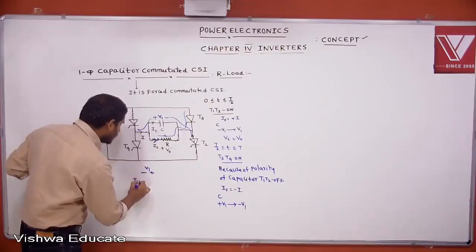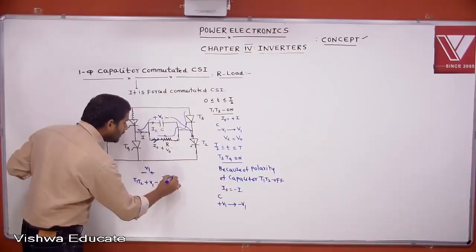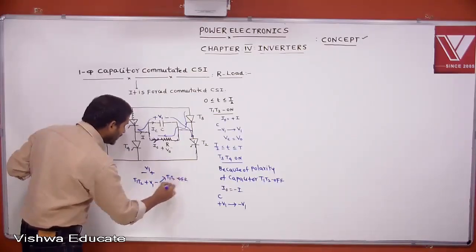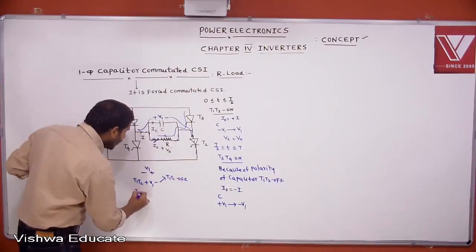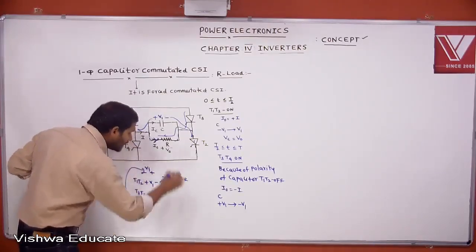If T1, T2 is conducting, it becomes plus minus V1. Because of this polarity, T1, T2 is turned off if you trigger T3, T4. Then if T3, T4 is conducting, it again changes from minus to plus V1. Again we are getting the initial position. Then the cycle will be repeated.